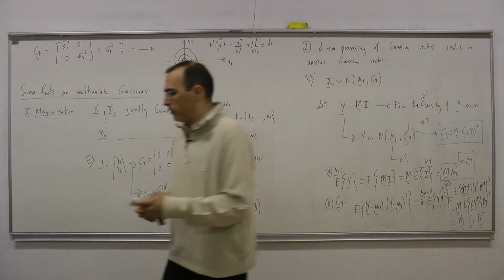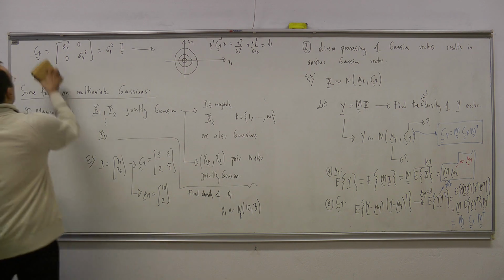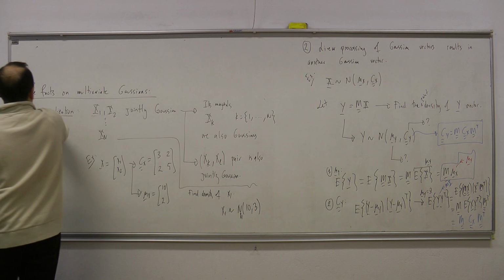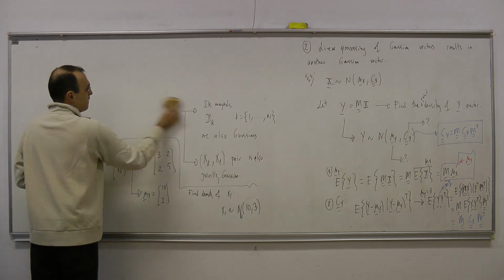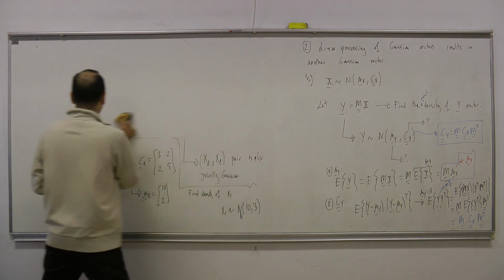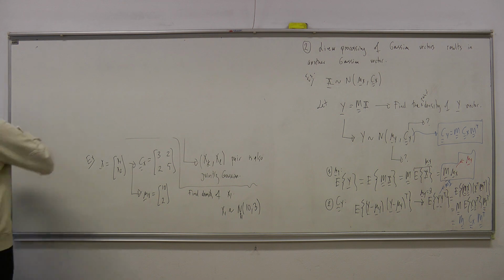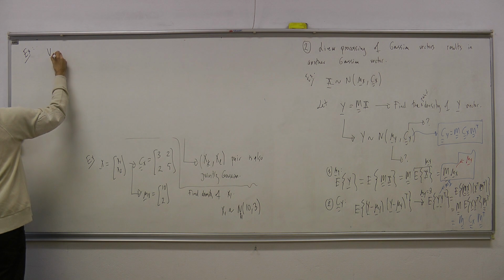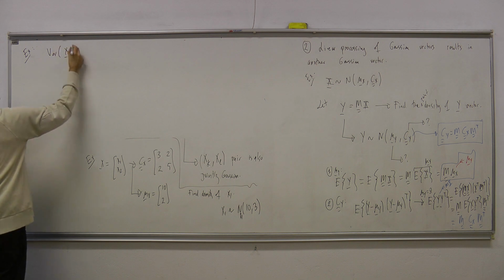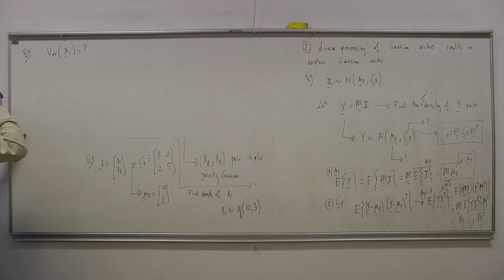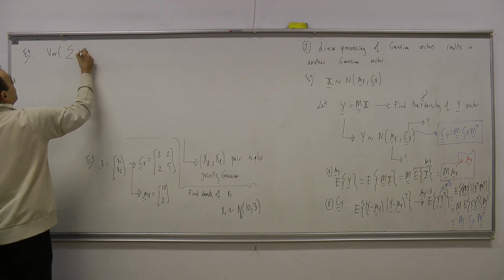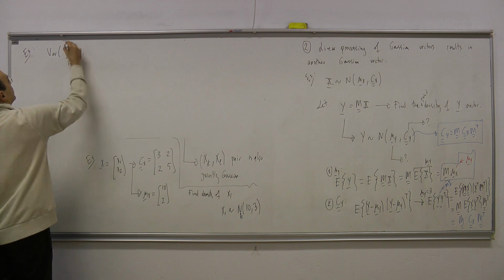So one more example then, and we will be done with this hour. Previously we had an example: the variance of the summation of xi, i from 1 to n, was calculated.